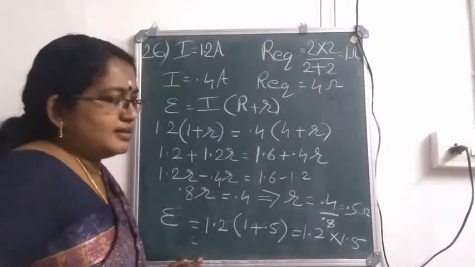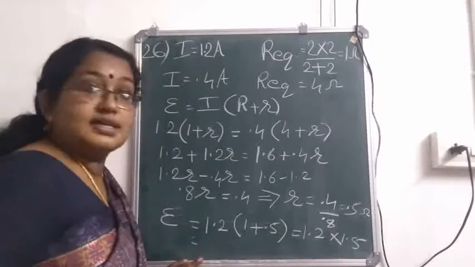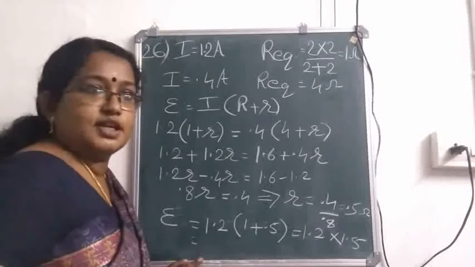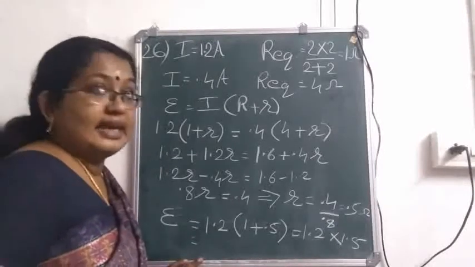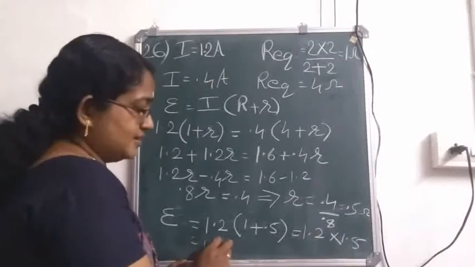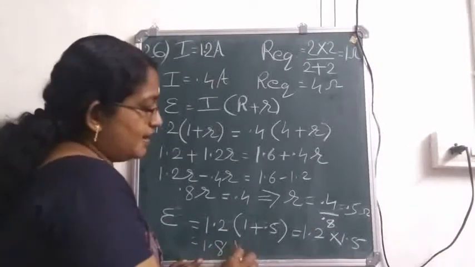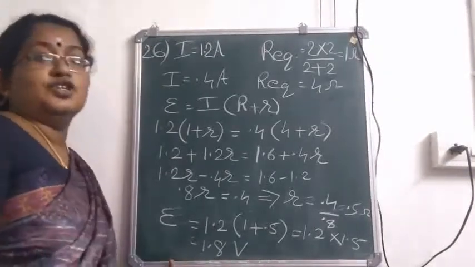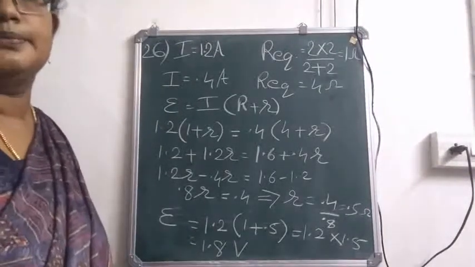If it is 10, 15 into 10 is 150. Then again 30 is there, isn't it? So, 180 is coming. Since two decimal places are there, 1.8. So, 1.8 is the answer. Okay, epsilon is equal to 1.8 volt.